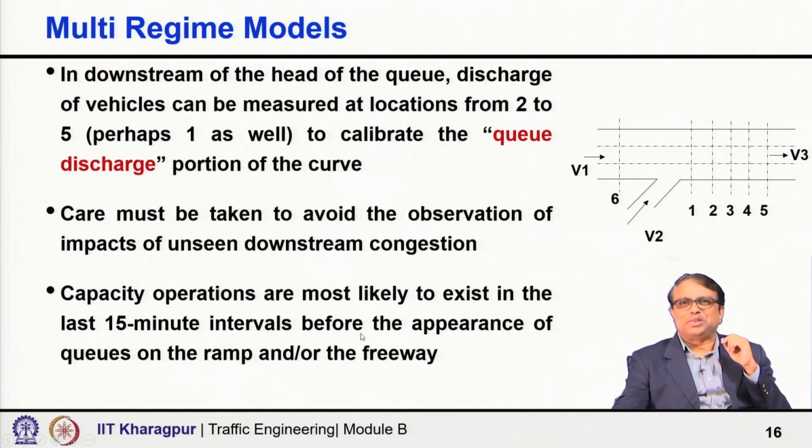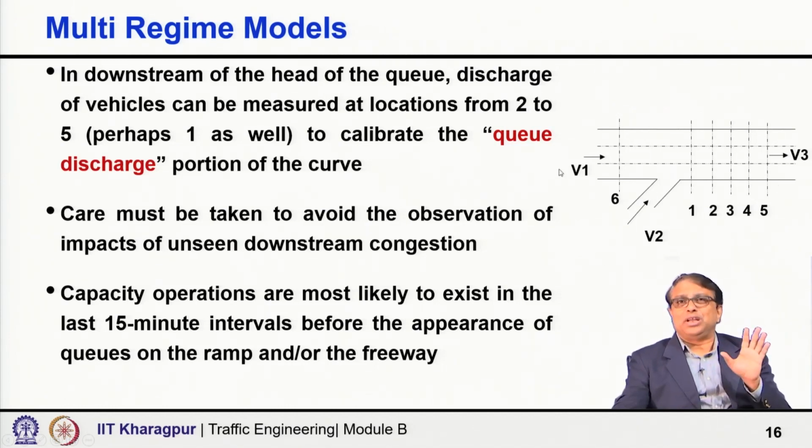Now, one more is remaining. Downstream of the head of the queue, you are already in the bottleneck section. In the downstream of the head of the queue, discharge of vehicles can be measured from any of locations 2 to 5, assuming there is no other effect of a queue further downstream.